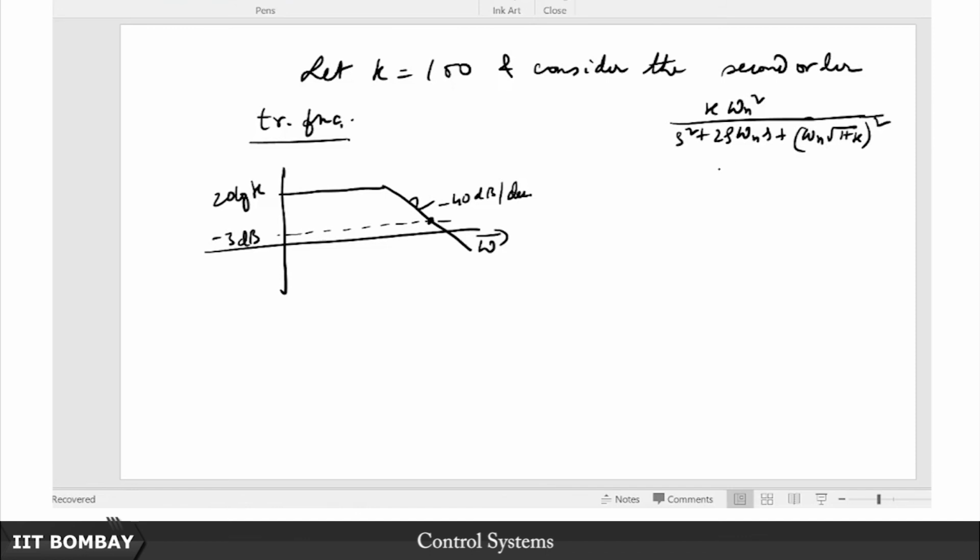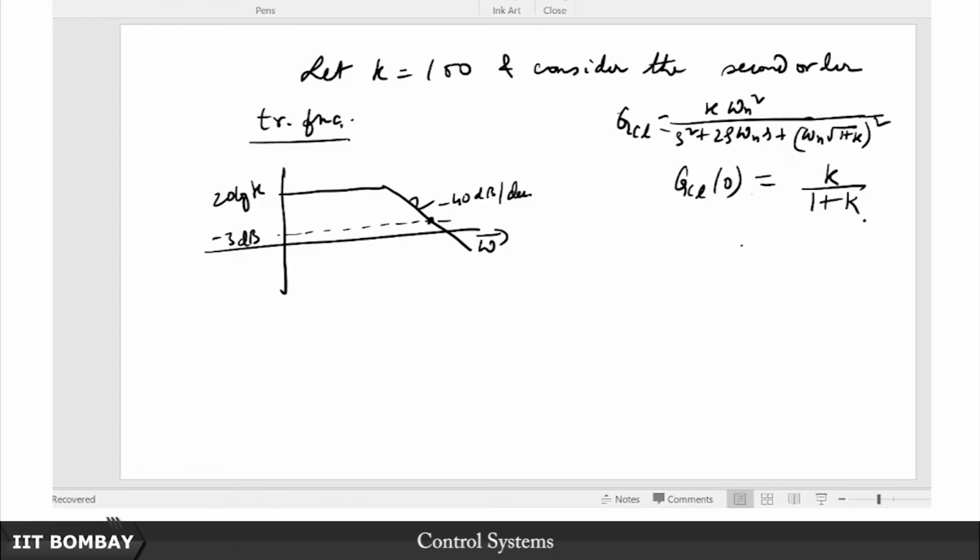Now what is this particular system's steady gain? This is GCL. So GCL 0 is going to be just k upon 1 plus k.